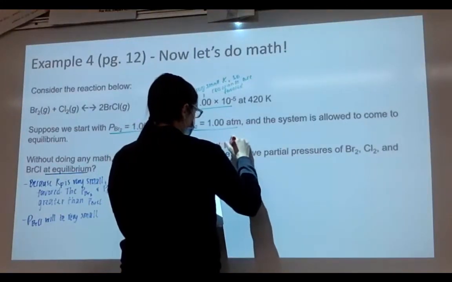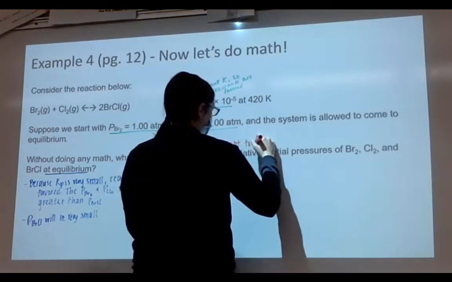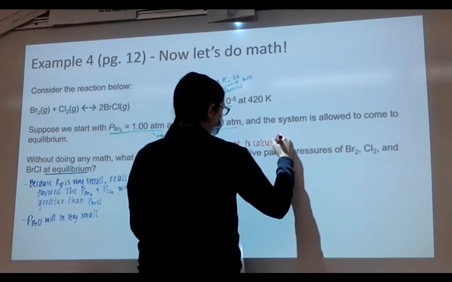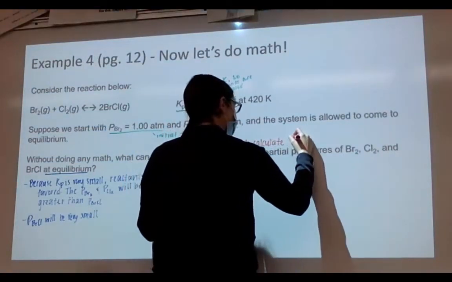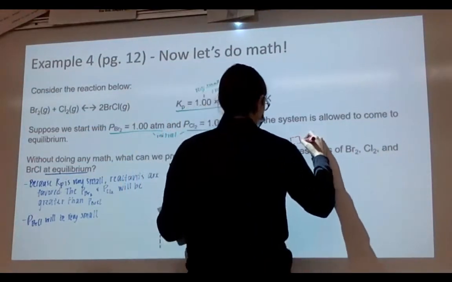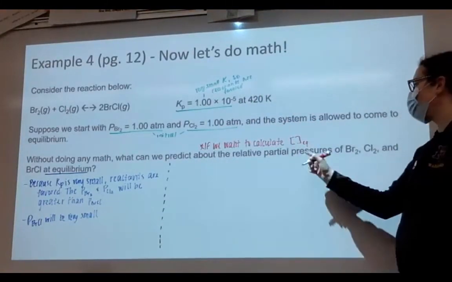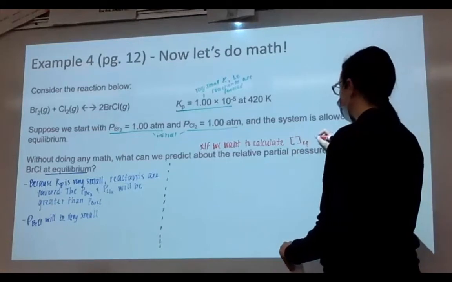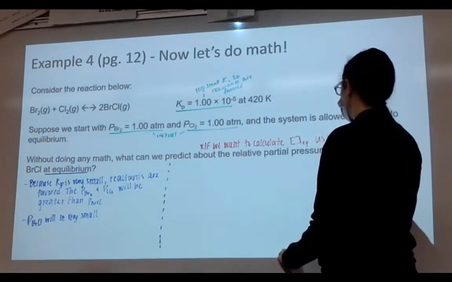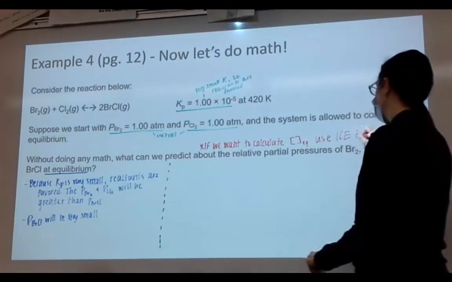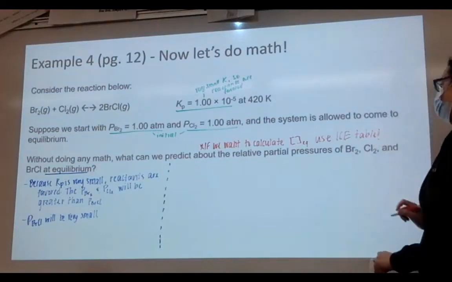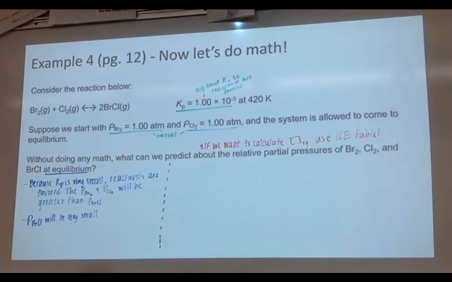I'm just going to use brackets for concentration to save myself space. So if we want to calculate equilibrium concentrations, we can use an ice table.